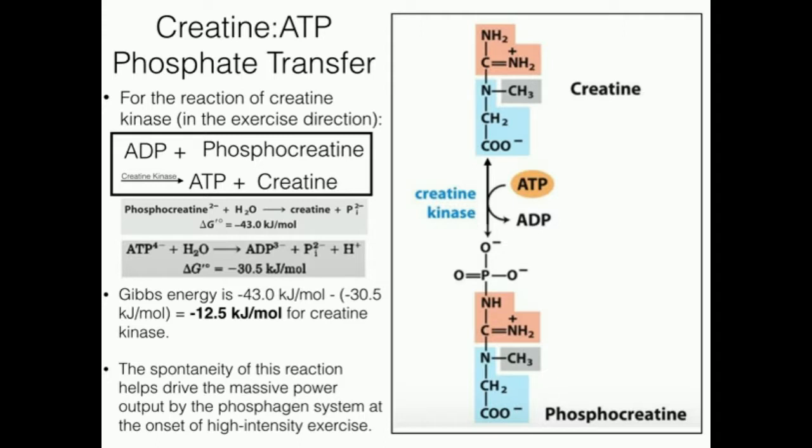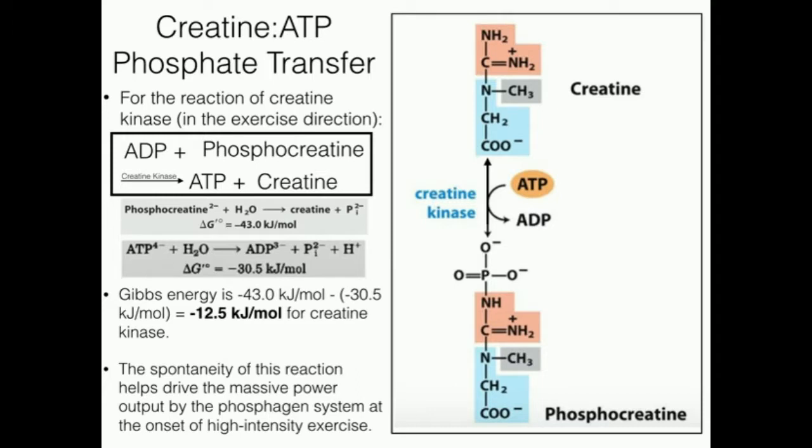Now the question is, why would it be beneficial to store the phosphate from ATP on creatine? Why couldn't we just store the phosphate as ATP as is? Well, when we look in a little more detail at the electron transport chain, where the ATP synthase enzyme makes ATP from ADP, if we remove or lower the concentration of ATP by storing it as phosphocreatine, it forces the reaction of ATP synthase to go towards more ATP.